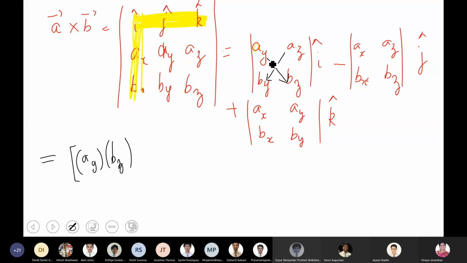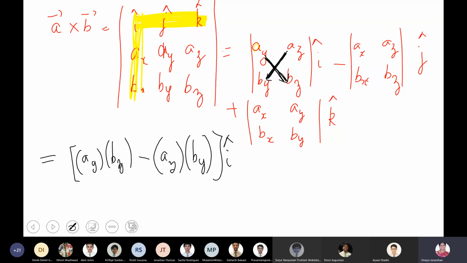Do you understand what I'm doing? AY into BZ minus, then comes the other one, the right arrow, AZ into BY, that into I cap.